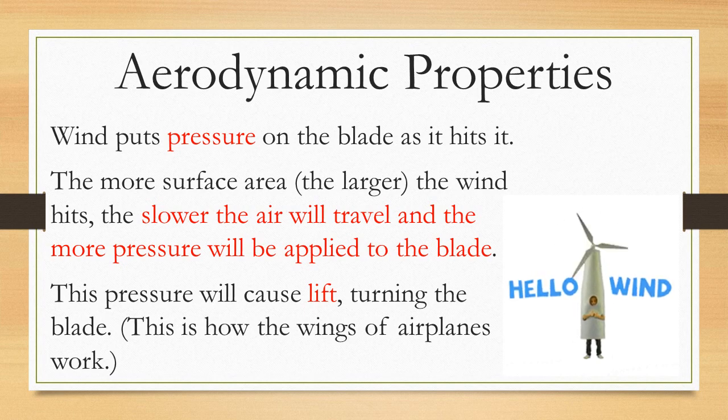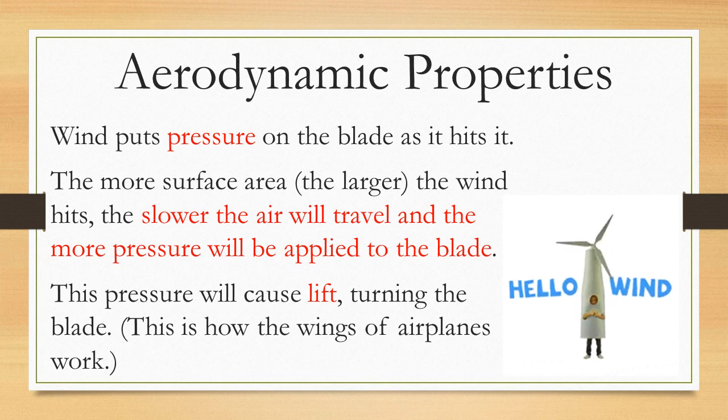So again, the bigger the surface area, the more area the wind has to hit, slow, and apply pressure. Now this pressure will cause lift, and this lift causes the blade to turn or move or spin. Okay? And like I alluded to, this is how the wings of an airplane work. Okay? The wind is putting pressure on the airplane wing, lifting it.